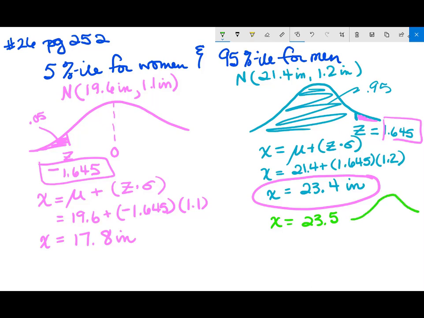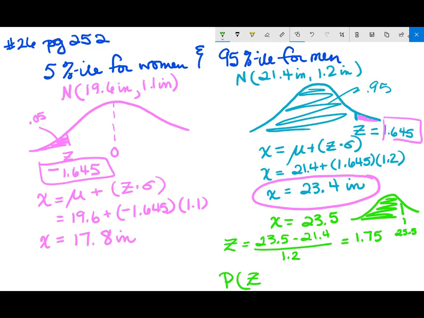So in other words, we want to know for men, what is this area if our x is 23.5? So let's standardize it. 23.5 minus 21.4 divided by 1.2. And when I do that, I get a z-score of 1.75. So what's the probability that the z will be less than 1.75?